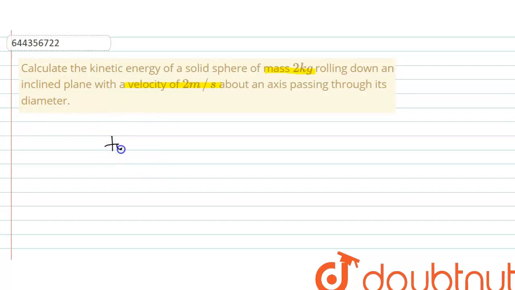So total kinetic energy is the sum of rotational kinetic energy plus translational kinetic energy.